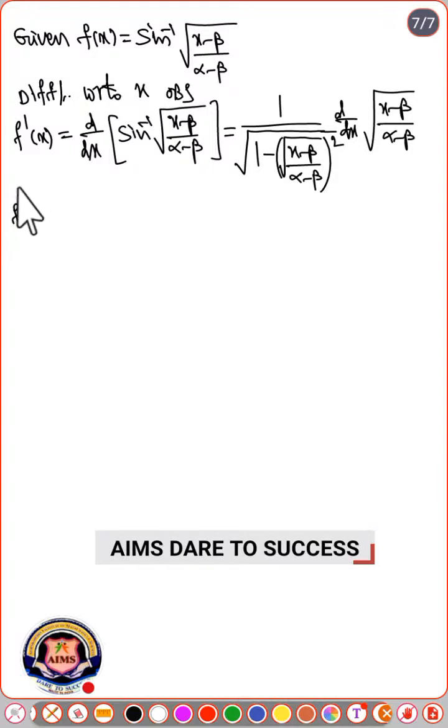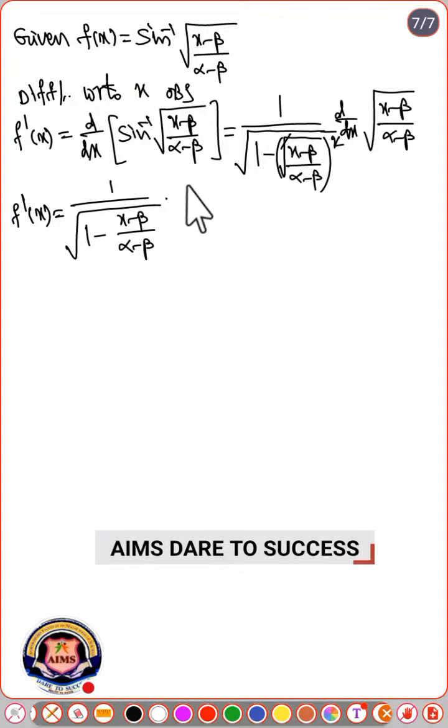So f dash of x is 1 divided by under root 1 minus, here square and root get cancelled, x minus beta by alpha minus beta into, this looks like d by dx of root x.